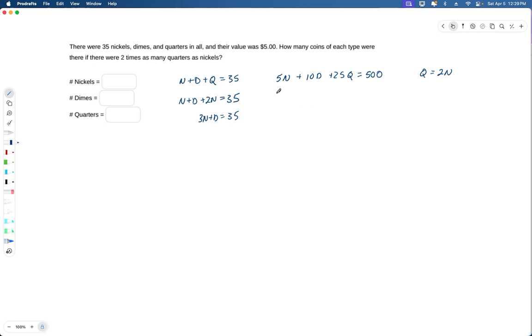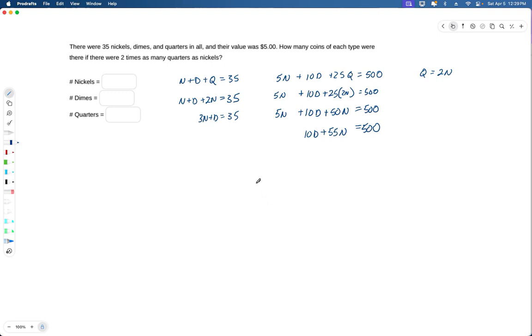Okay. 5n plus 10d plus 25 times 2n is equal to 500. So 5n plus 10d plus 50n is equal to 500. So 10d plus 55n is equal to 500.